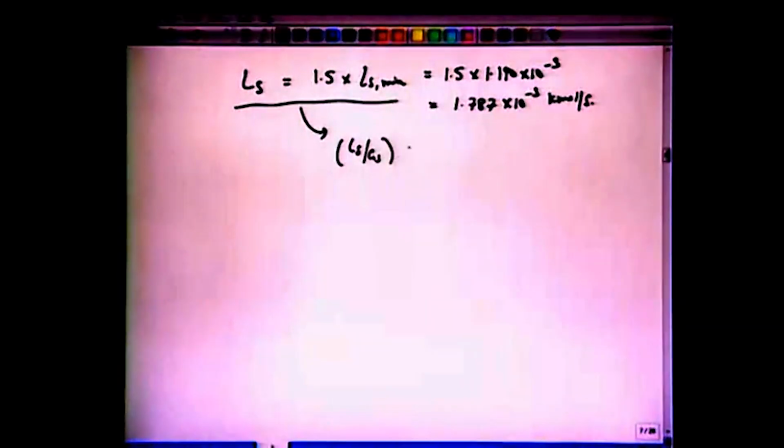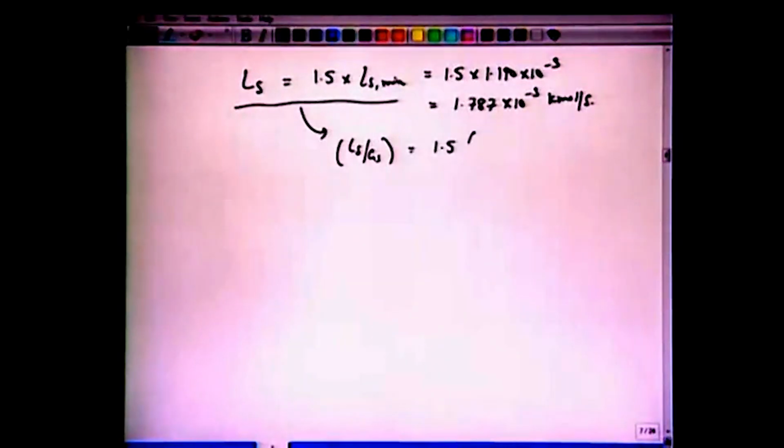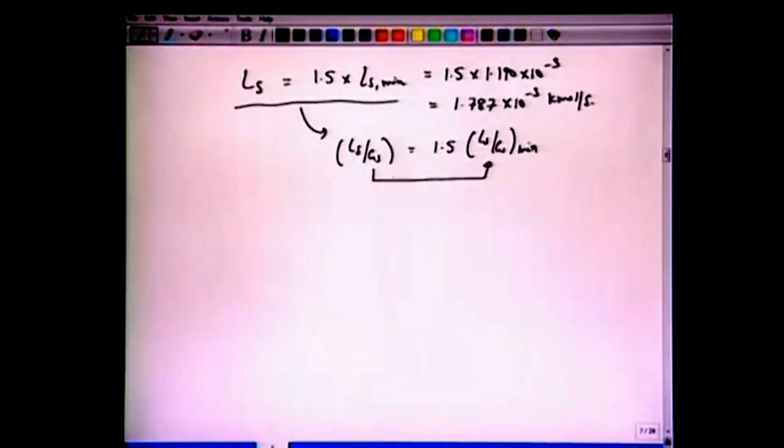Writing this is the same as saying that slope Ls by Gs equals 1.5 times Ls by Gs min. Why? Because Gs is the same. So it's only Ls which we are trying to find out based on these minimum conditions. So either you go by this or you go by this. Try to understand it graphically.